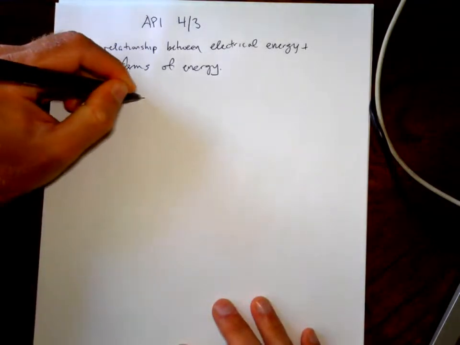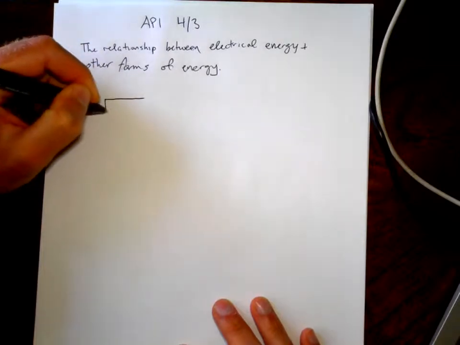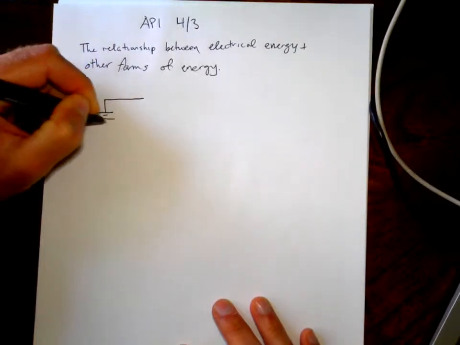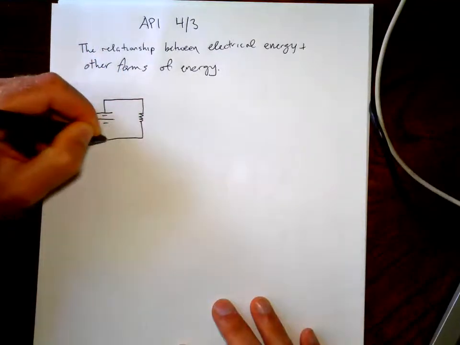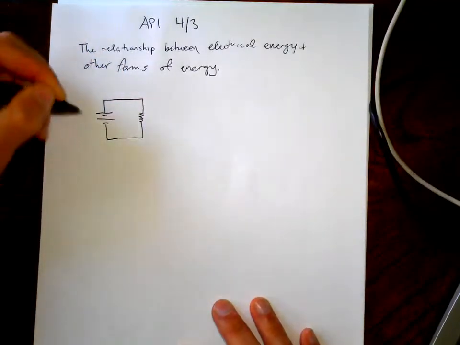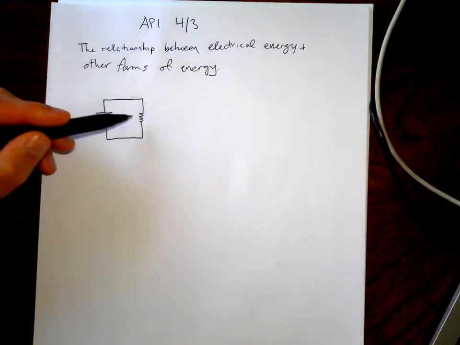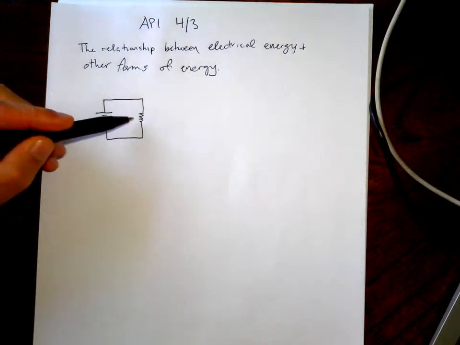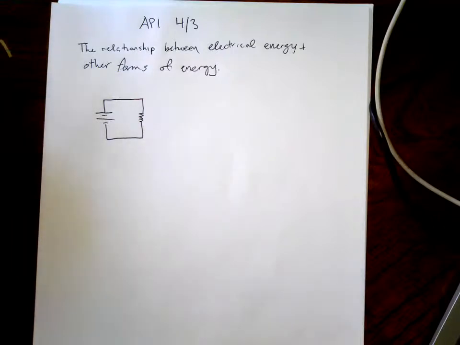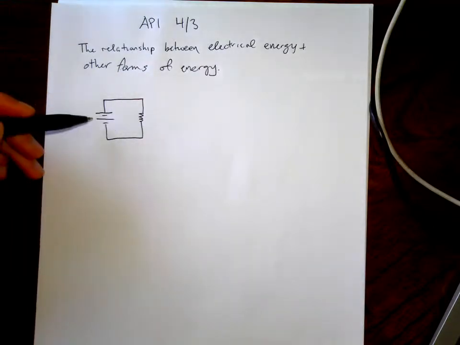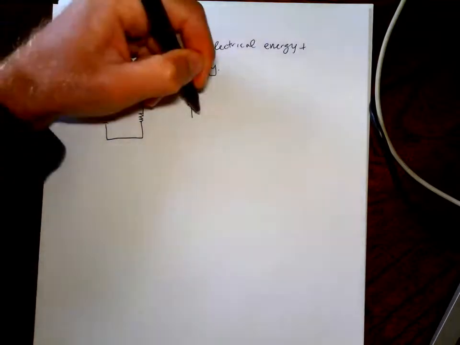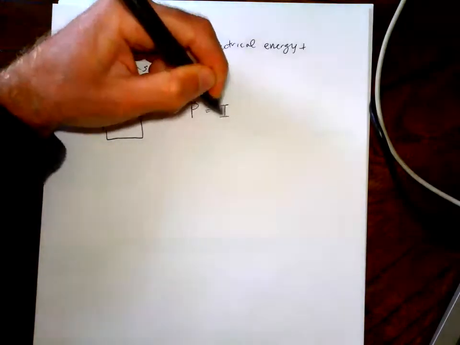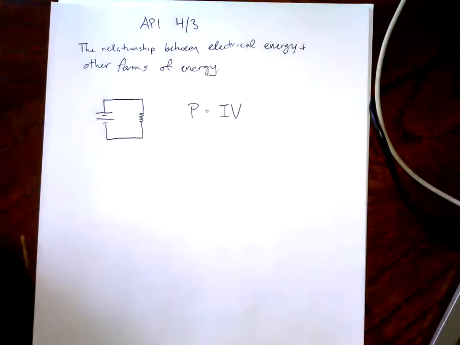Let's suppose we have a circuit like this, and we want to know how much energy is going into the resistor. Well, I taught you an equation for power, and power is equal to current times voltage.